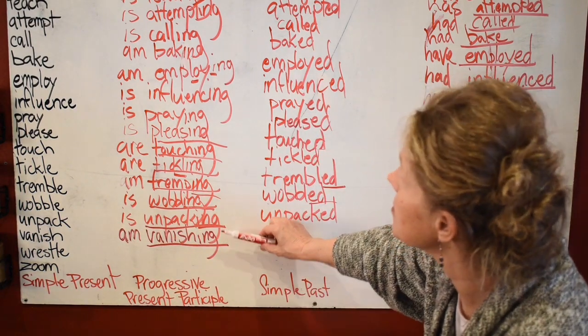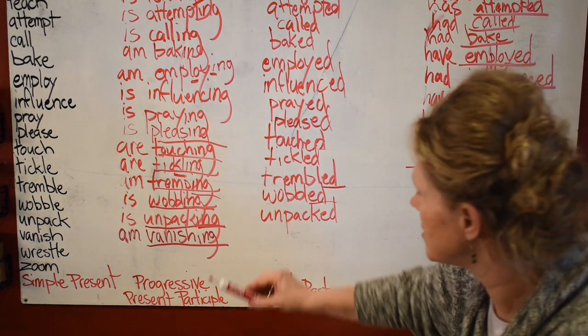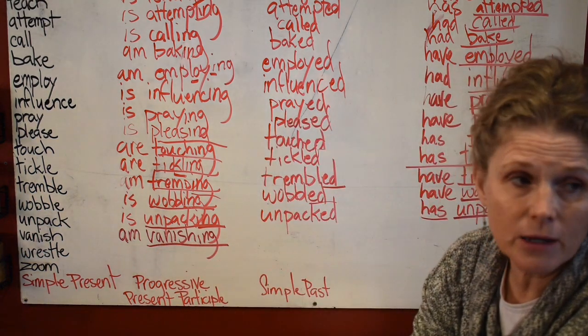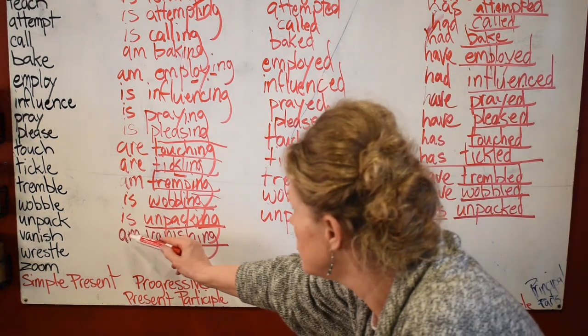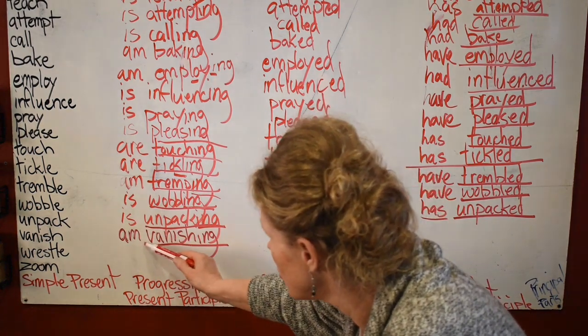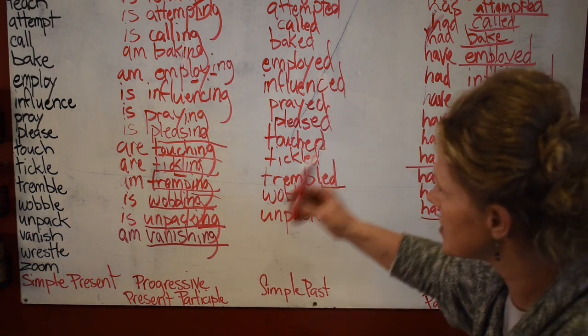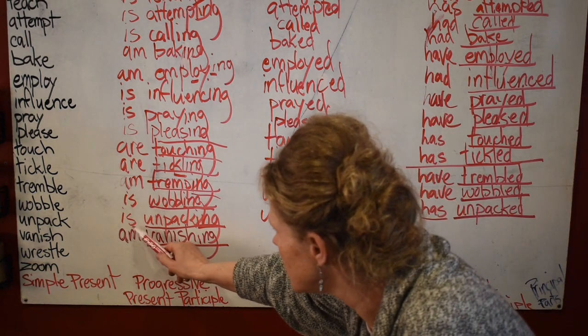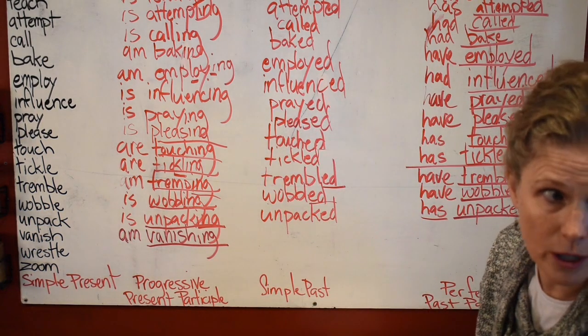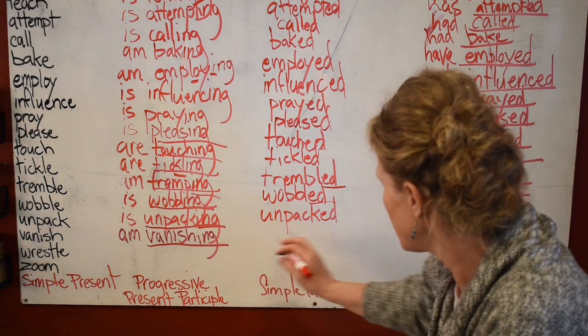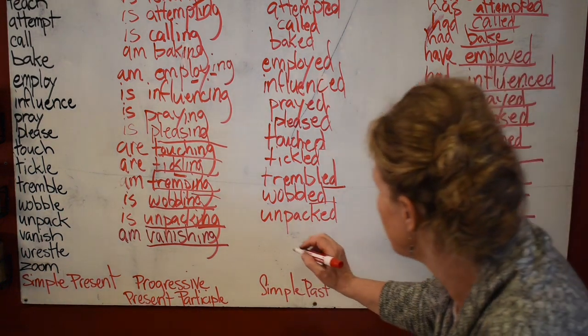When you're using it as an adjective, it's still considered the present participle. But if you're using it as a present participle verb, you need to be using your auxiliary verb in the sentence that you're making up. Now what about here? Vanished.